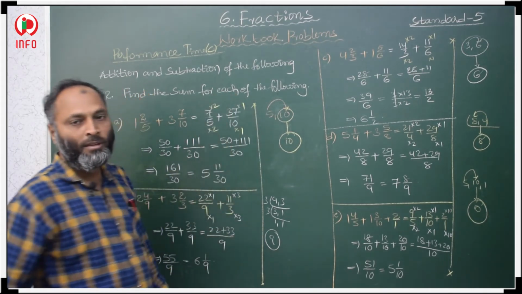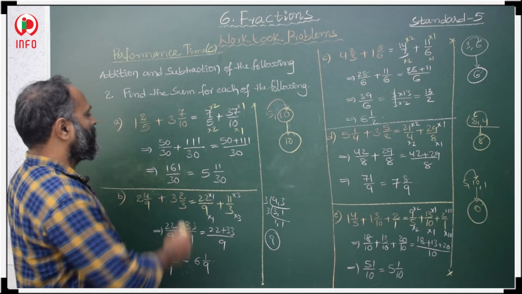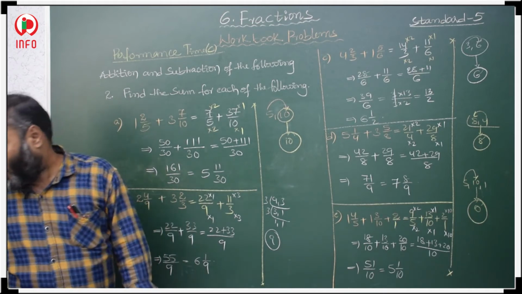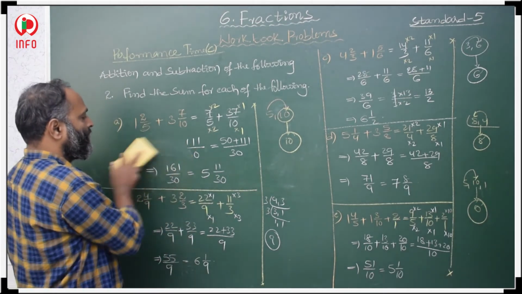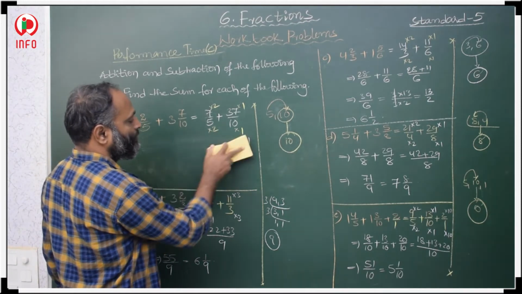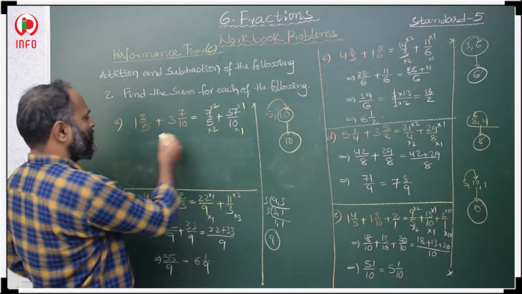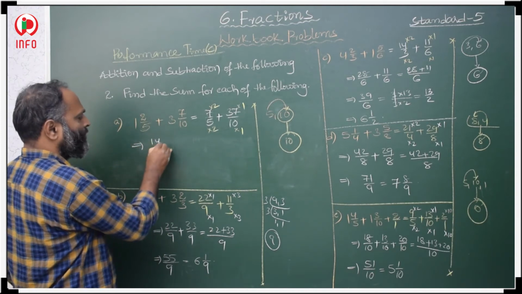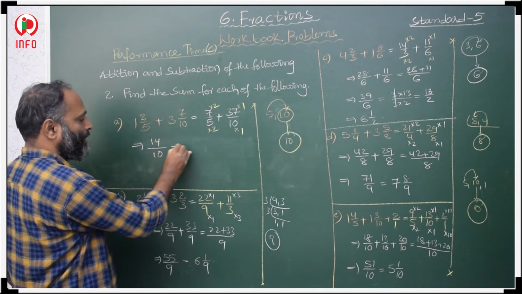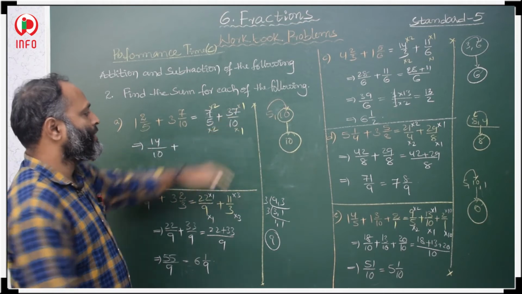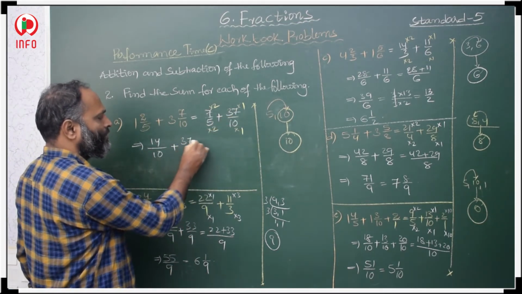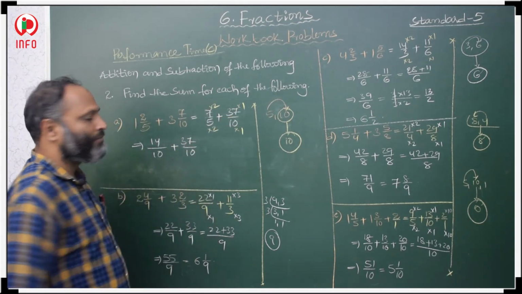Now see here how it will change. 7 2s are 14, 5 2s are 10, plus 37 1s are 37, 10 1s are 10.